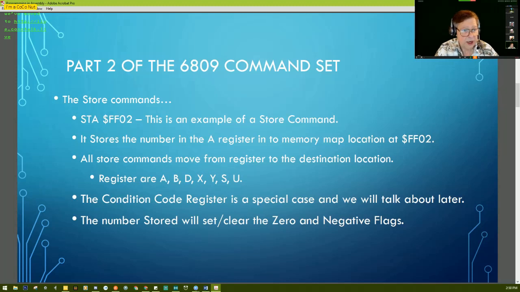It's an 8-bit operation when you use the A and B registers, and 16-bit when you use the D, X, Y, S, and U registers. Also, the condition code register is affected on the 0 and negative flags. These are flags that are useful for figuring out what's going on in doing branch operations. Let's go to the next slide.